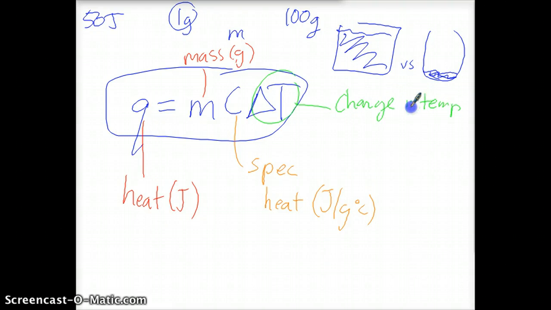And remember, whenever we refer to delta, that means the final minus the initial. T final minus T initial. Your ending temperature minus your starting temperature.